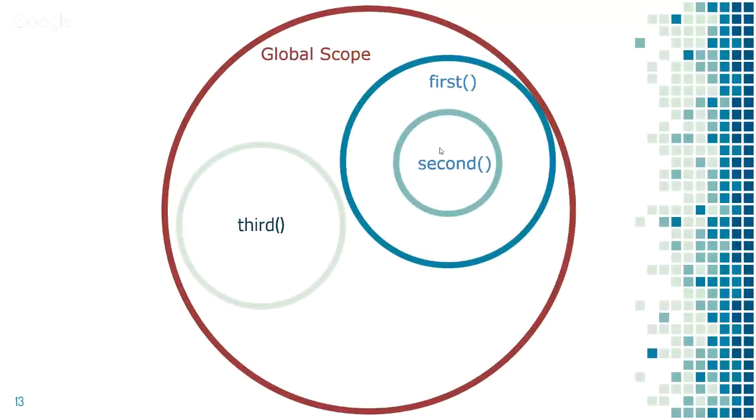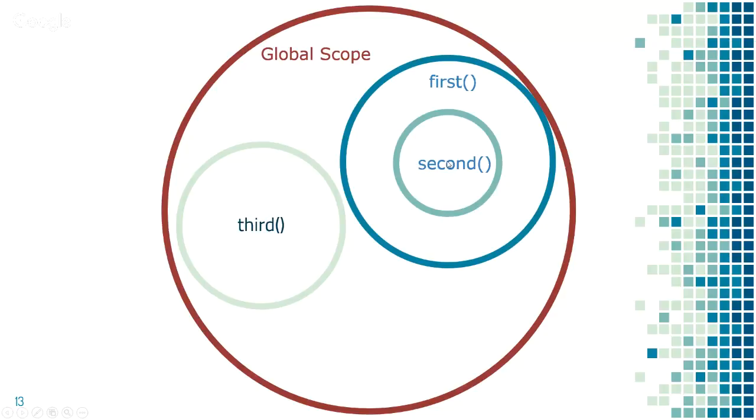Here I have another representation of what's going on in the code. Notice how the global scope encompasses all the other functions. The same happens with the first and the second function. The third function, however, as you can see, has no access to either the first or the second function's scopes and vice versa.